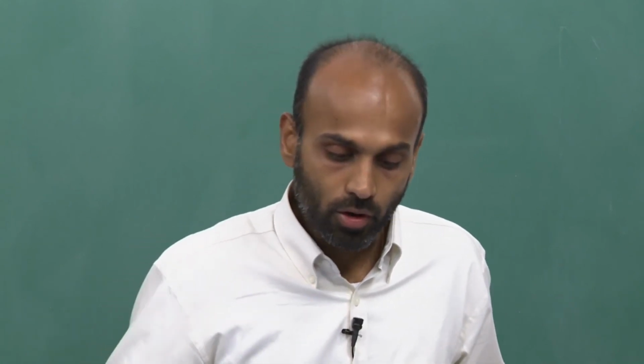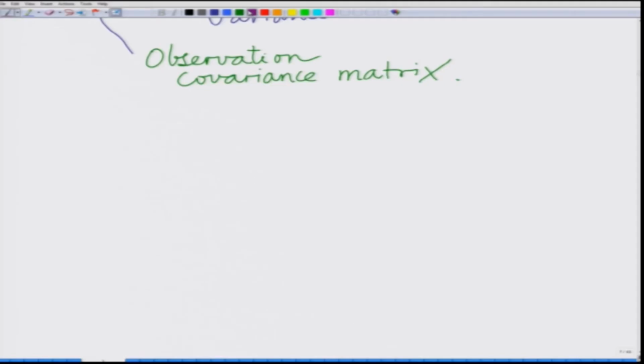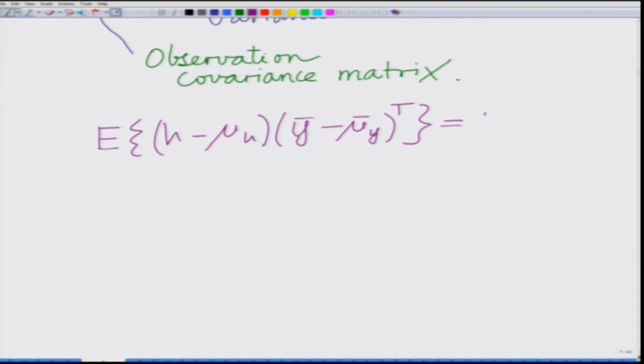Now, the next quantity that we need is the cross covariance, that is the expected value of (h minus mu h) times (y bar minus mu bar y) transpose. This is equal to R_hy, the cross covariance between the parameter and the observation.